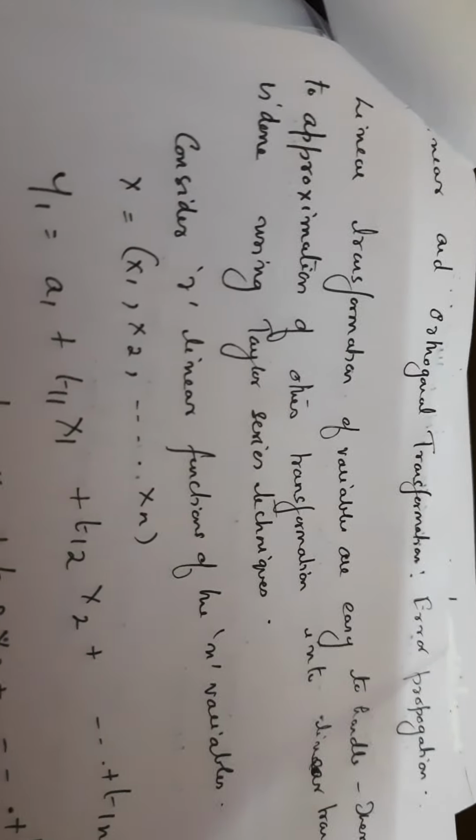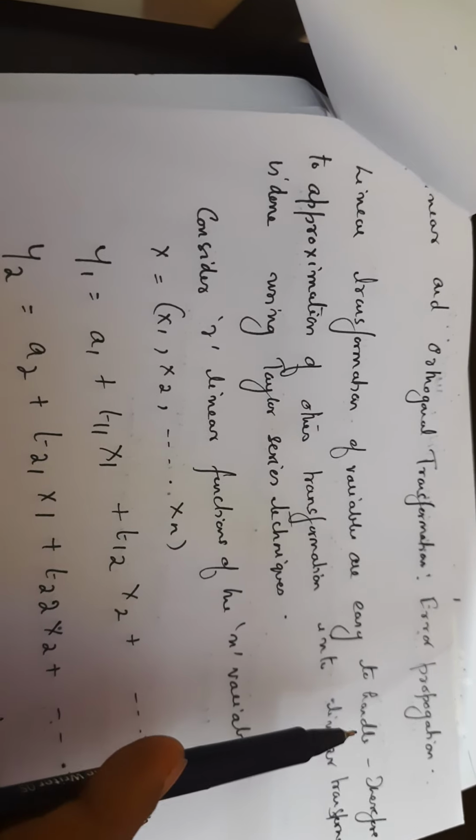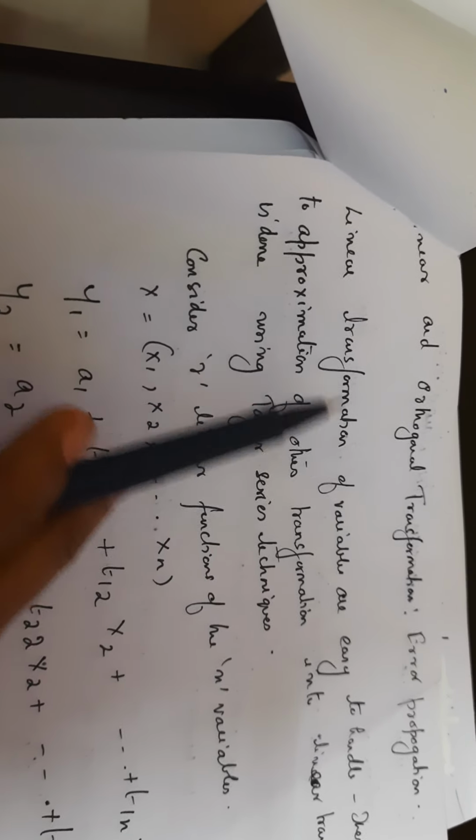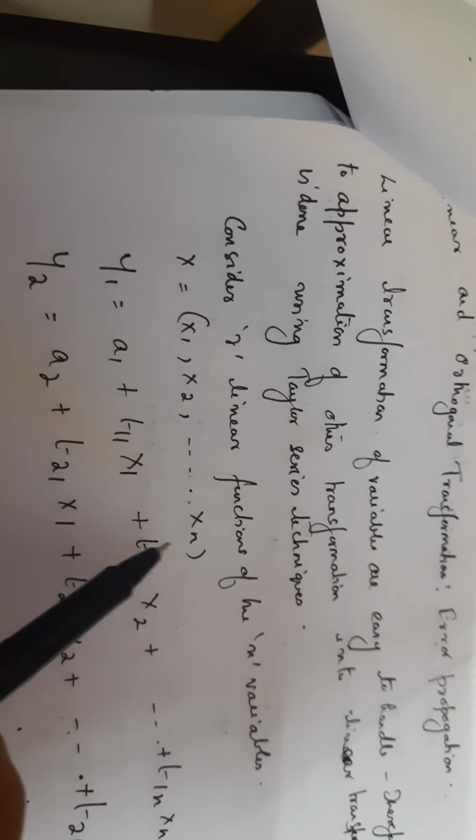Now coming to the topic that is in your syllabus, in your textbook. As we have done for linear and orthogonal transformation, error propagation, we already covered the linear transformation. Now, how does the error propagate? That's what we have to see. In the last class we did the derivation till here, if you remember.